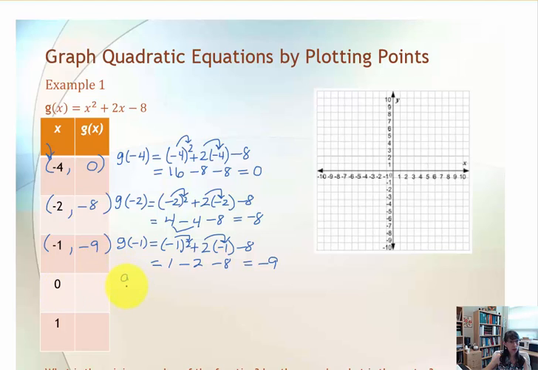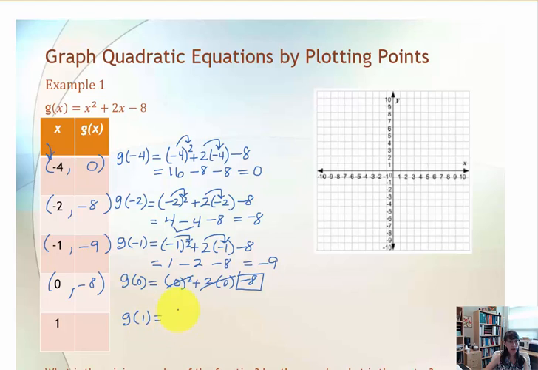Now using 0, g of 0 would be equal to the quantity of 0 squared plus 2 times 0 minus 8. So 0 squared will eliminate, and so will 2 times 0, leaving us -8. We have 0, -8. And finally, we'll substitute +1.